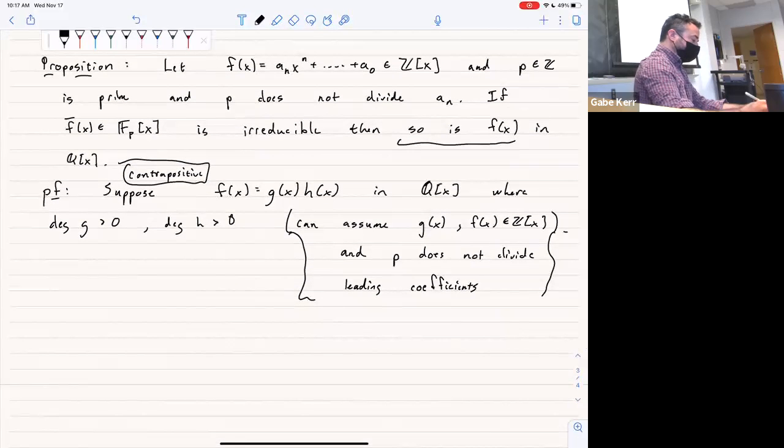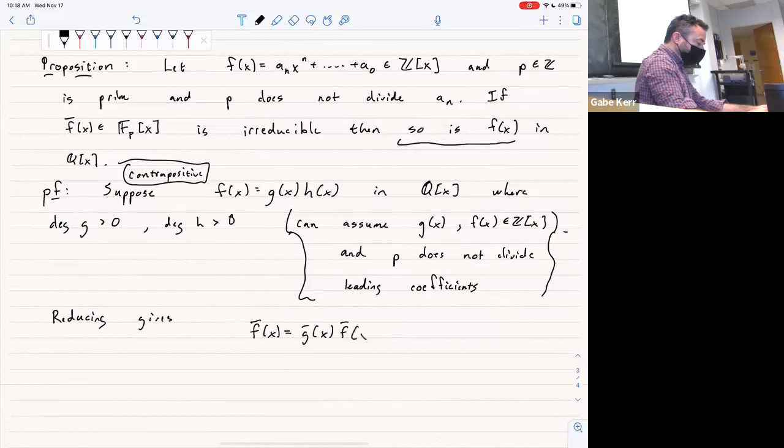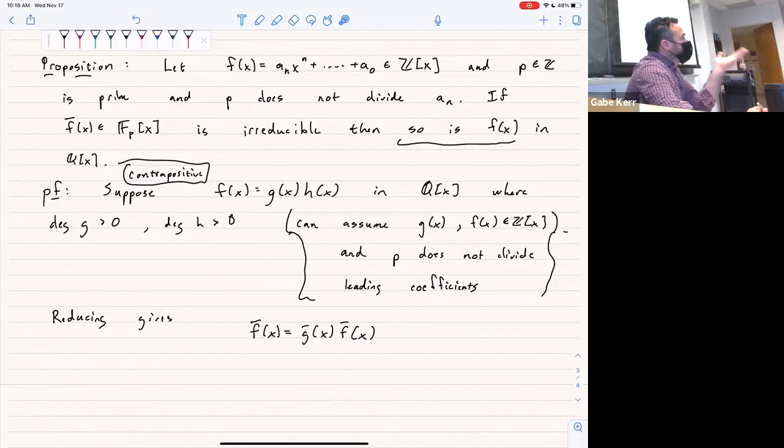Okay, so assuming that, we now reduce mod p. When I reduce mod p, what do I have? I have two positive degree polynomials. The degree will only change when you reduce mod p if the leading coefficient is divisible by p. If it is, that term goes to 0.